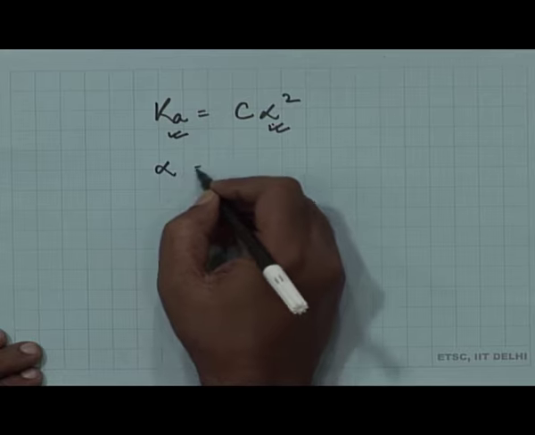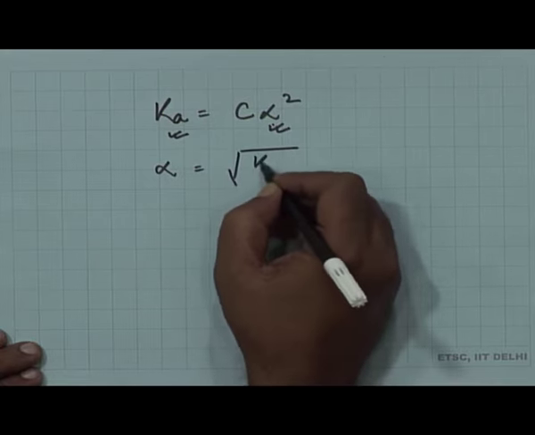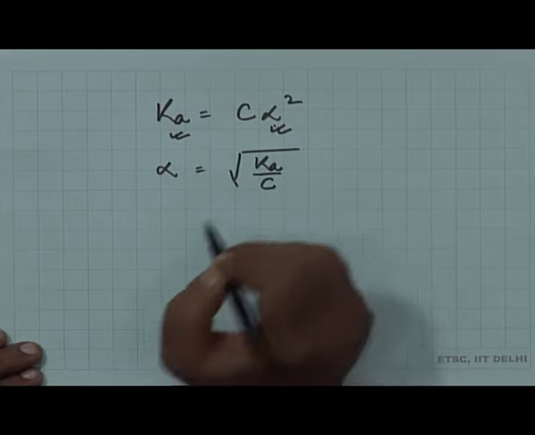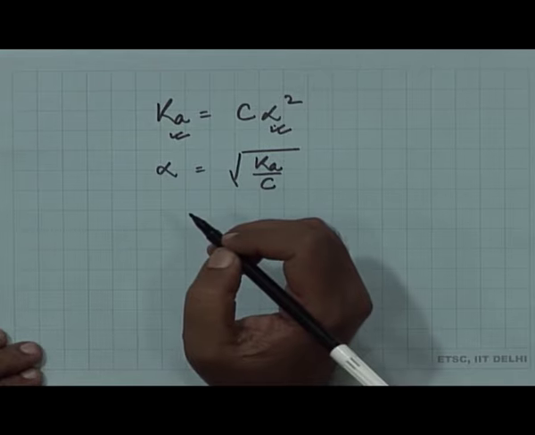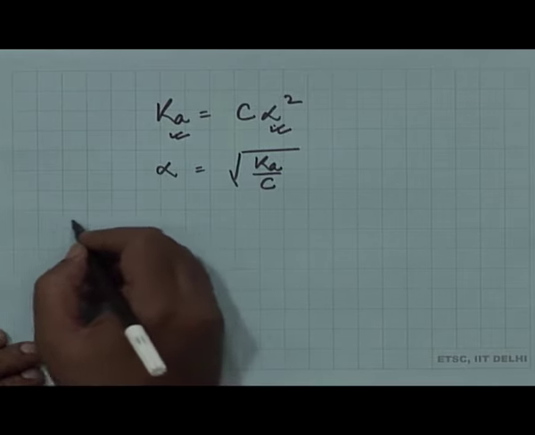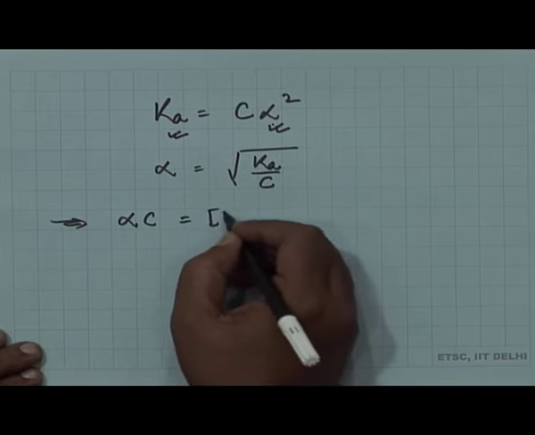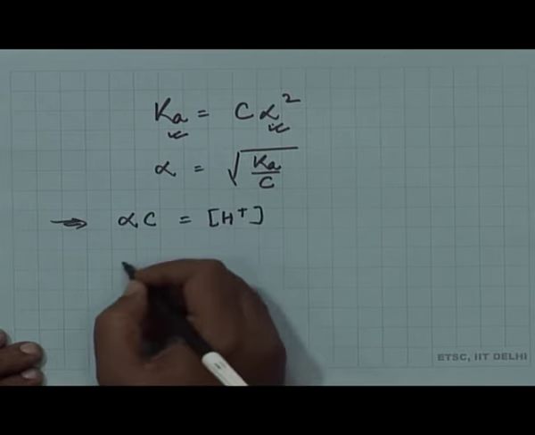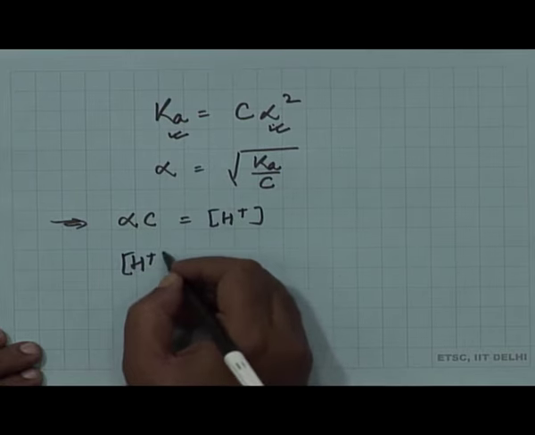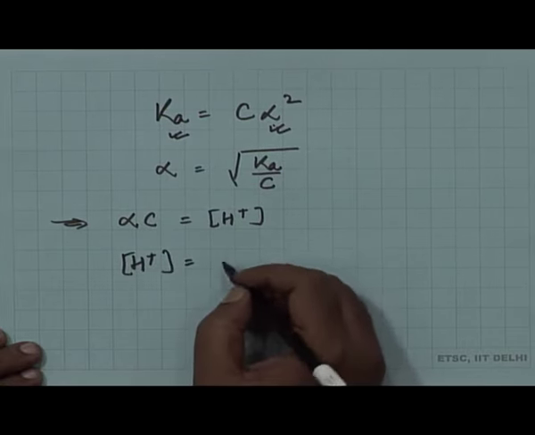What will alpha be? Alpha is simply the square root of Ka by C. If we remember, alpha C is equal to the H plus ion concentration, so we can also calculate the H plus ion concentration if we know Ka.